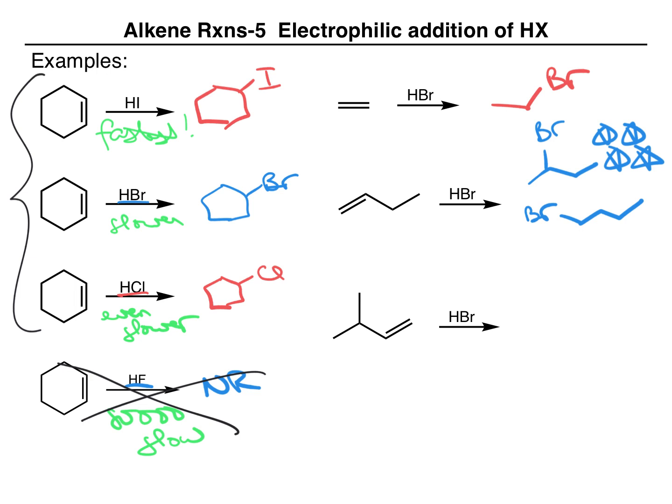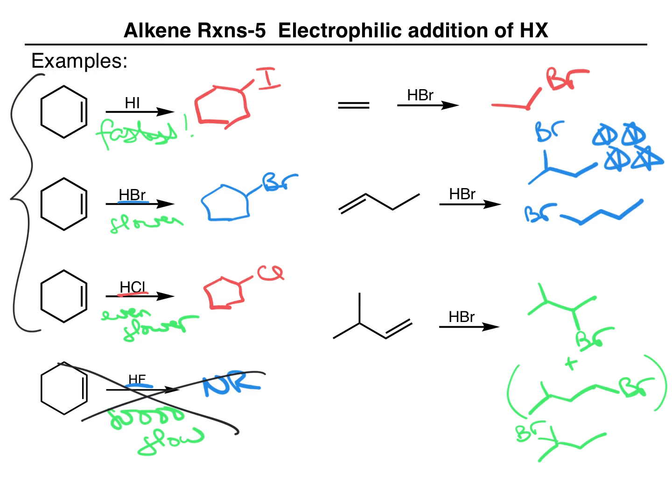And in our third example, this alkene can react with HBr to give some of this, a very, very small amount of this, and we actually get some of this as well.